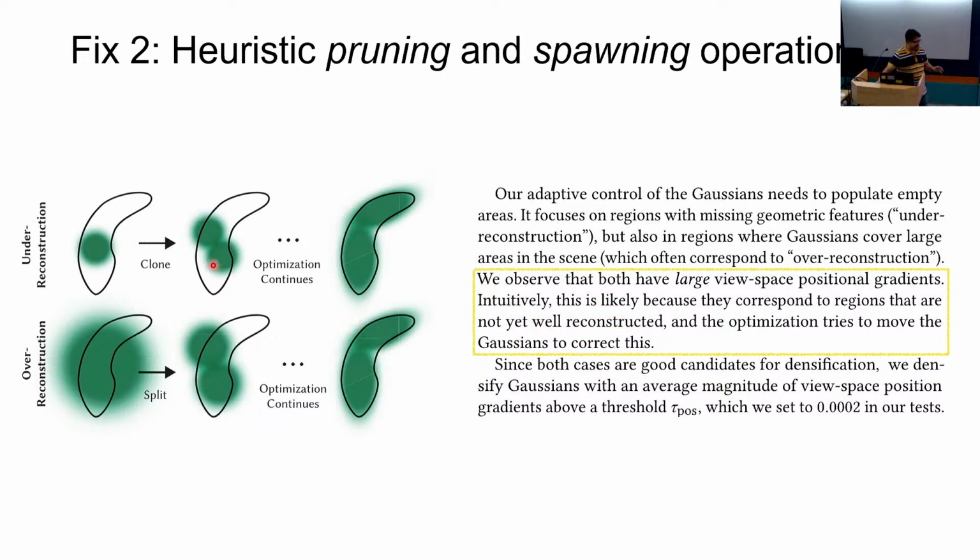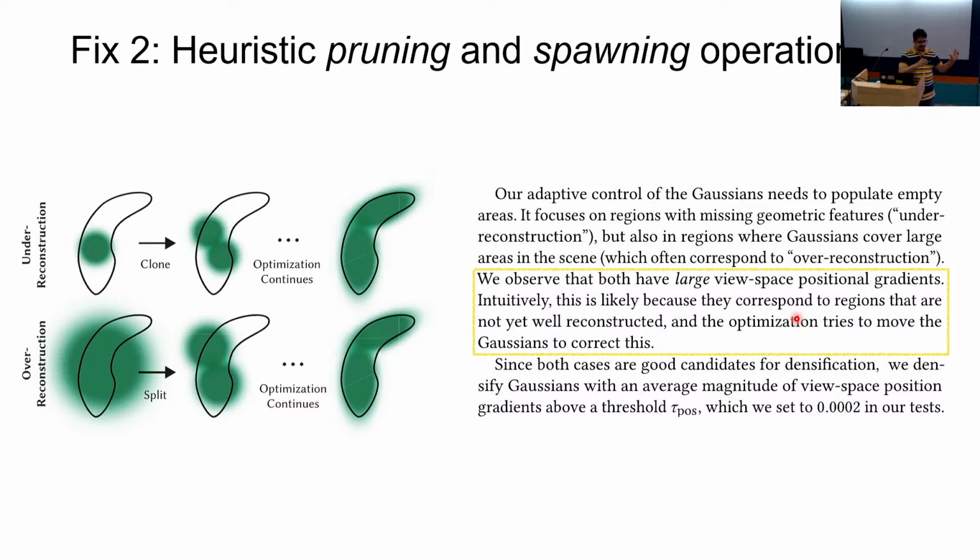So there is a very heuristical way to find this out. They check the positional gradient, where we are taking the loss with respect to the final color, right? If my Gaussians are representing the scene very well, then this loss would be very small, so the gradients would be very small. In that case, I don't want to touch this.